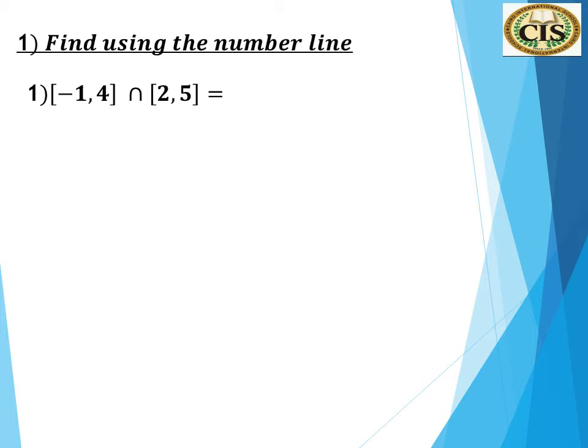By using the number line, find [-1, 4] intersect [2, 5]. What about intersect? Intersect means the common part: the numbers that belong to the first interval and the second interval at the same time. First, represent the first interval, negative 1 closed and 4 closed, and represent the second interval, 2 closed and 5 closed.